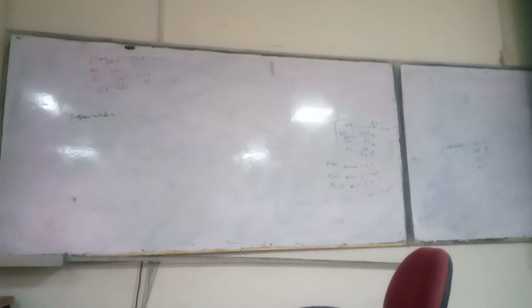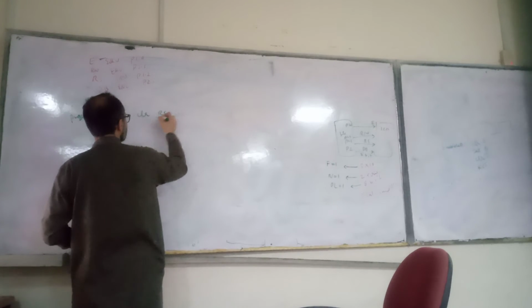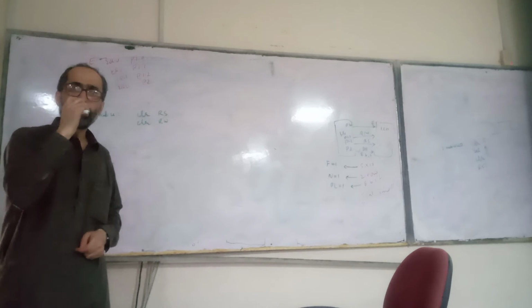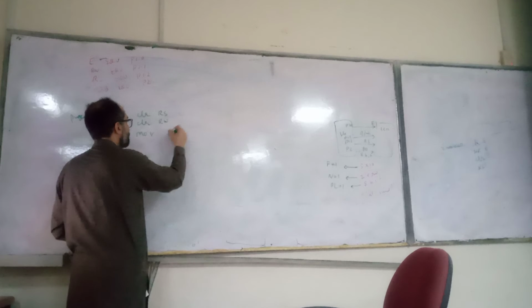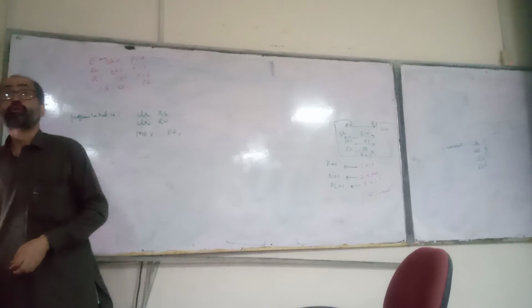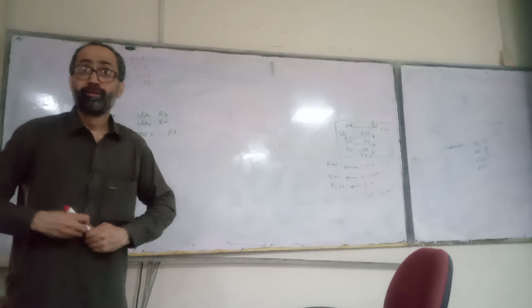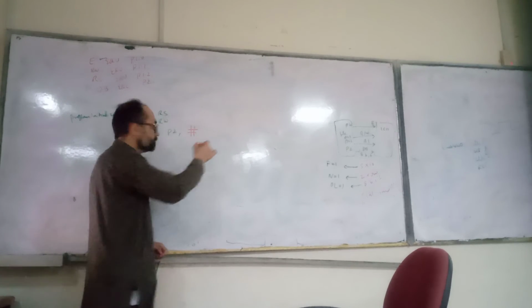So can we write it like this? Clear RS, clear RW. Am I right? And then move P2. What is the size of P2? 8-bit data. So we should use immediate addressing mode.